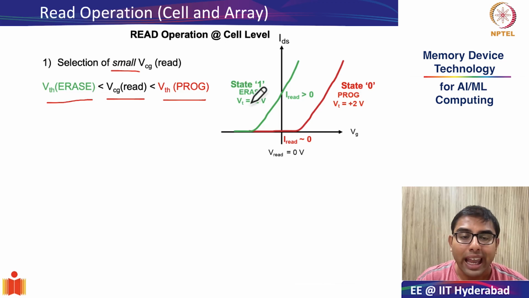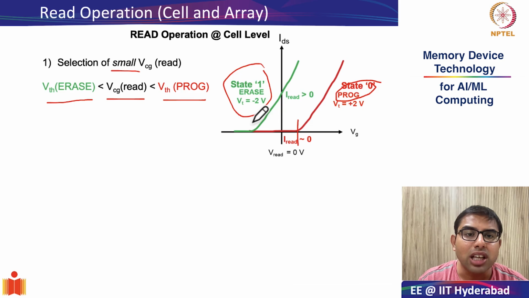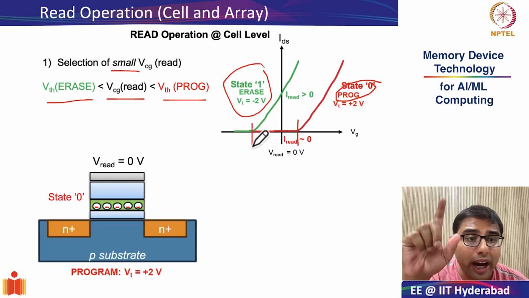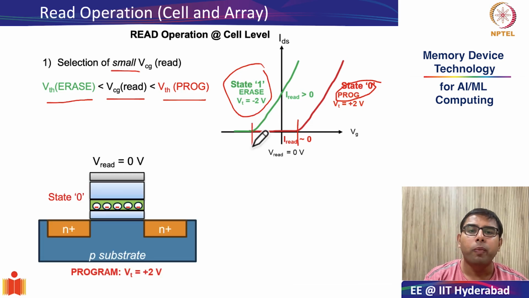Okay, so in this particular example, at the program state, which is also the state 0, roughly the threshold voltage is plus 2 volts, whereas in the erase state the threshold voltage is minus 2 volts. Just to remind you, why is the threshold voltage at program state much higher than that in erase state?